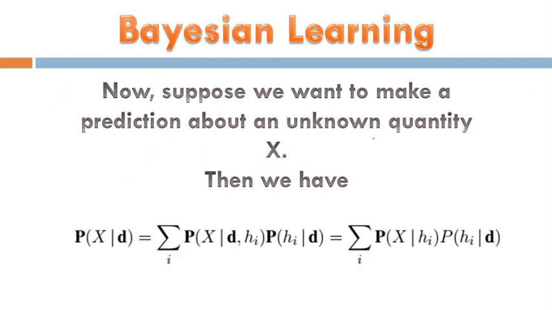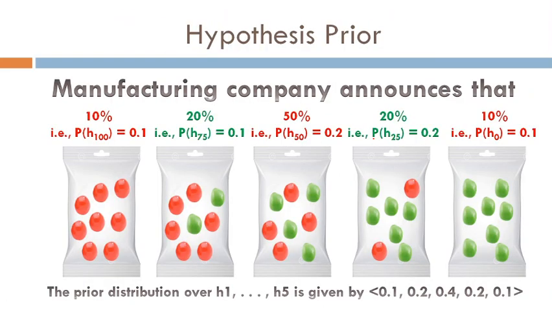That means, see here, the manufacturing company announces that 10% of the products are 100% cherry bags. So 100% cherry bags are manufactured, 10% only.